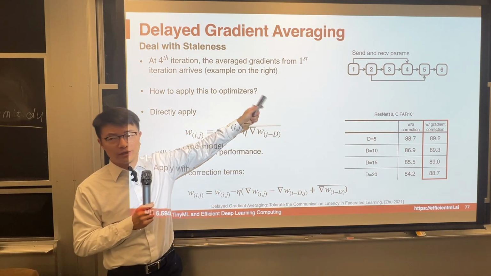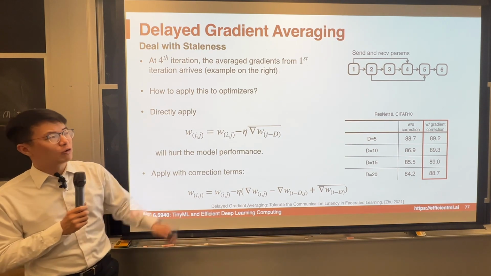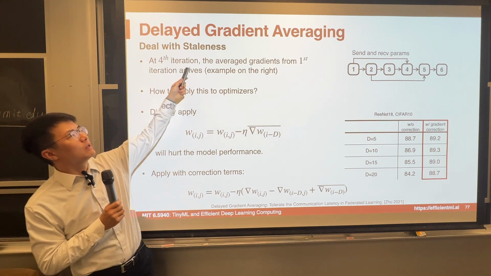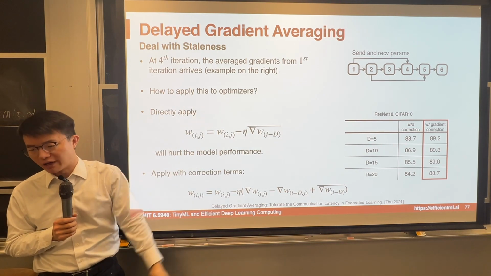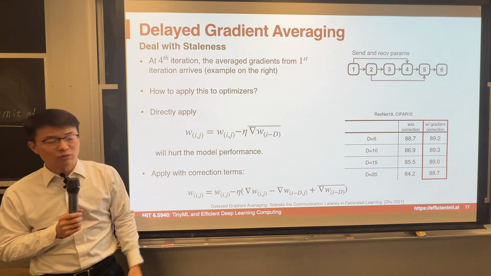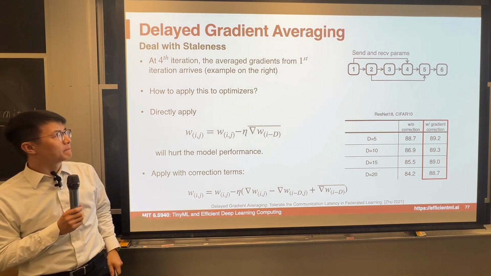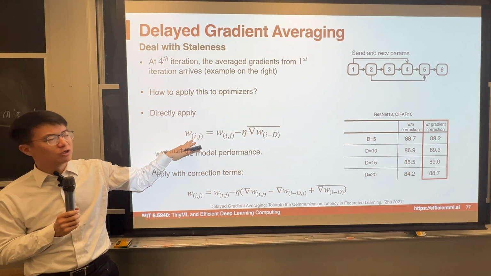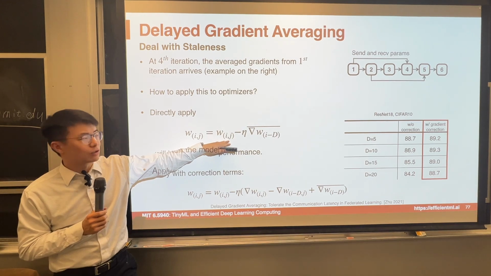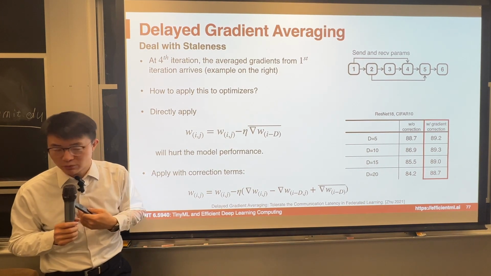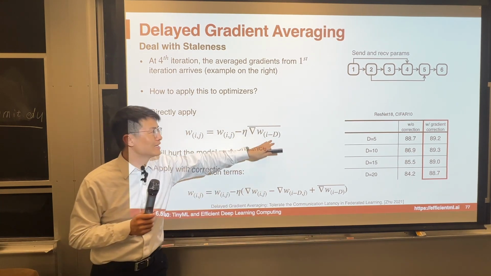And on the right-hand side is the illustration of delaying it by 3 or 4 steps. Like at the 4th iteration, the averaged gradient from the first iteration actually arrives. And when we are applying the optimizer, we need to calculate the Wij. So this is a naive approach without any correction term. We're just using our current gradient from my current worker, and this is the averaged gradient from other workers, but D steps ago.